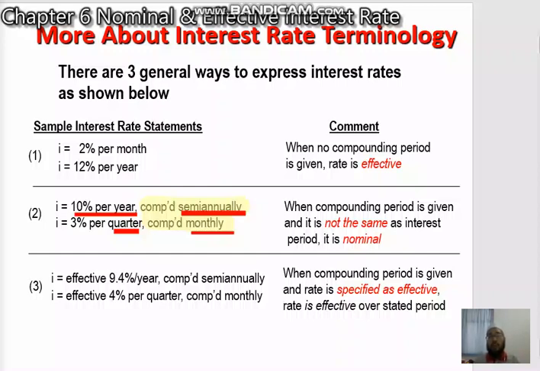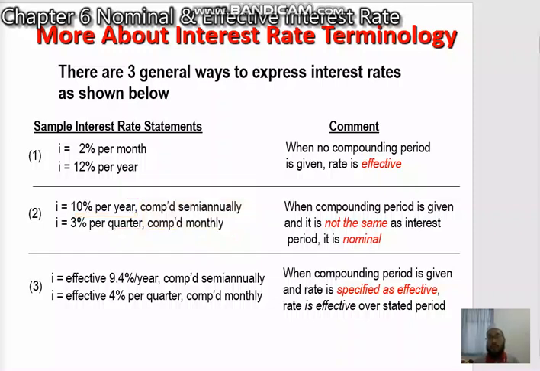When the compounding period is given and it is not the same as the interest period, this statement is nominal. The 10% per year in this statement is nominal, similar to the 3% per quarter, which is nominal. And it's not the same as the effective interest rate. So how to get the effective interest rate? We have a formula to analyze the effective interest rate for this statement.